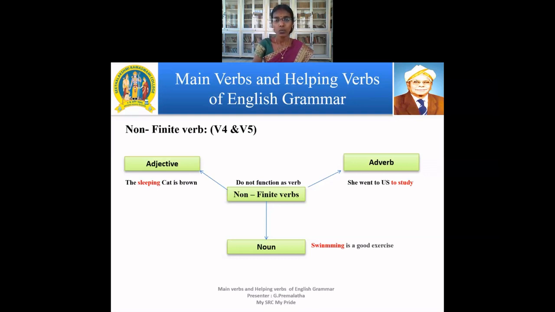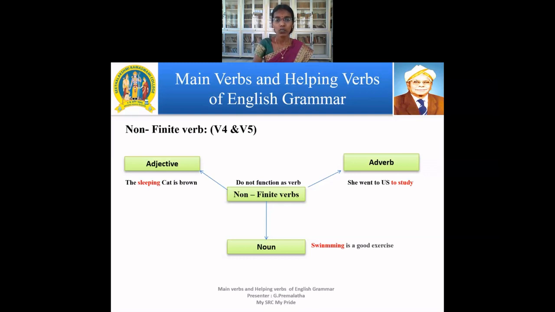Next one, adverb. She went to US to study. Here to study, that is the V5 form, the to form verb, has been used as an adverb. Next one, noun. Swimming is a good exercise. Swimming is used here as a subject.